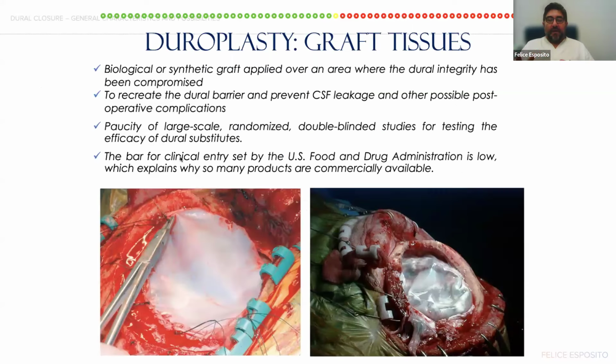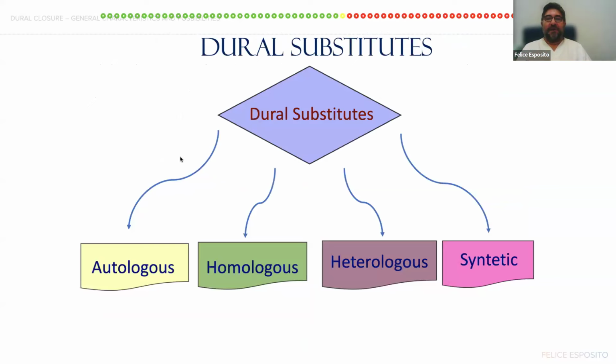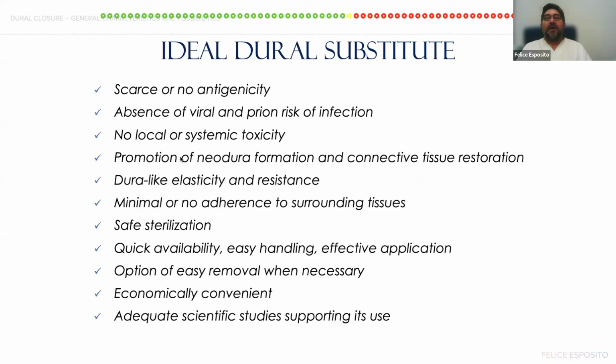Every time we cannot primary suture the dura mater because the gap is too large, or we have to expand the durotomy, we have to use some graft tissues, different kinds of graft tissue, and we have several different possibilities: autologous materials, homologous materials, heterologous materials, synthetic, either resorbable and not resorbable materials.